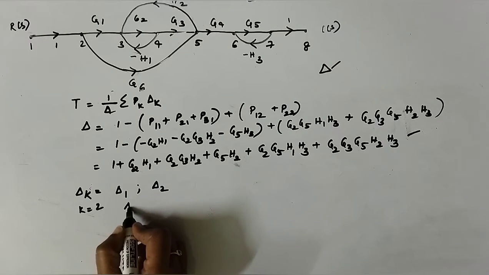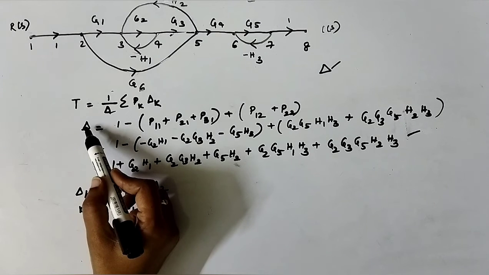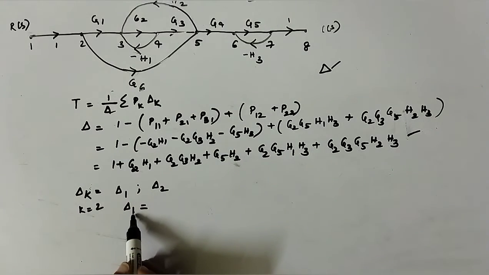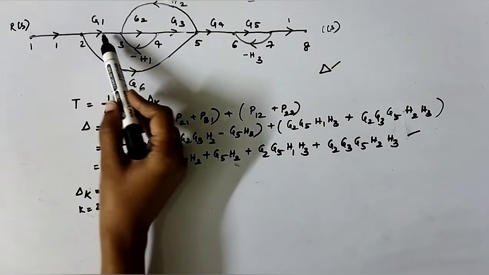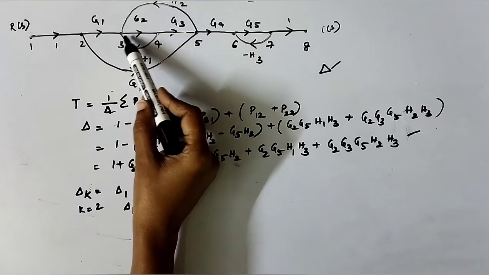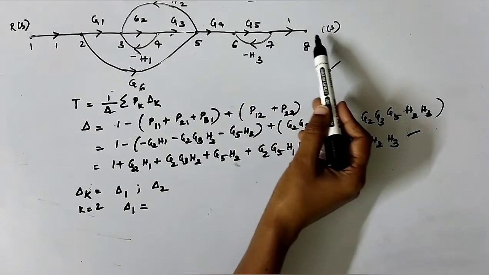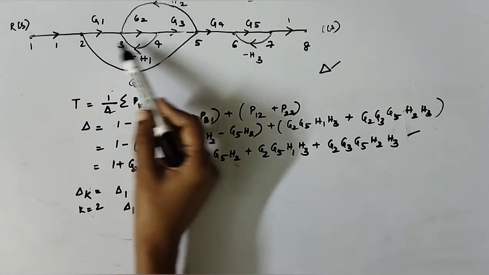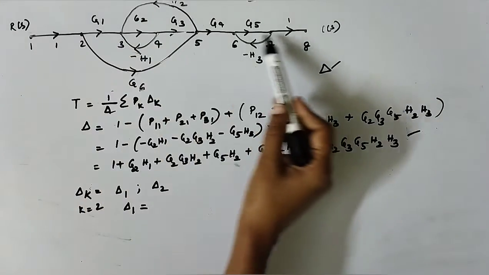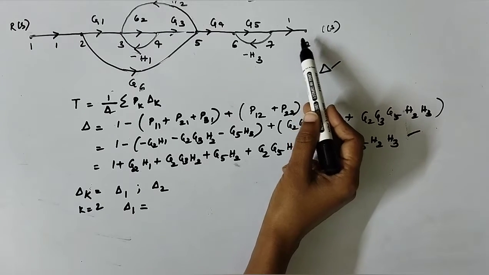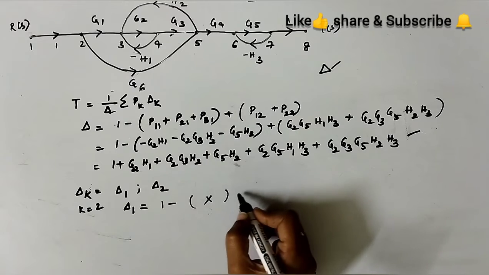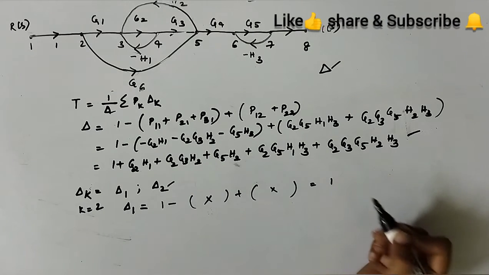Now if it is delta 1, apply this delta formula to whichever part is not touching path 1. The path 1 is from 1 to 2 followed by 3, 4, 5, 6, 7 and 8. So there is no part of the graph which is not touching this forward path 1. Delta 1 equals 1 minus, you don't have any of the terms here, so it would be 1.